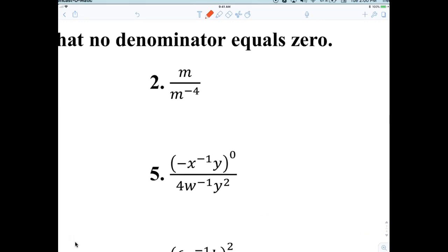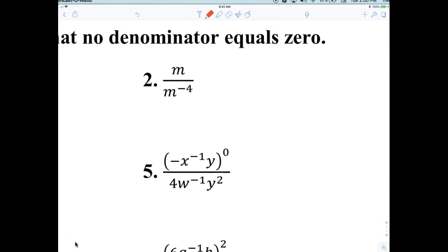I care about the exponents right now. So here's what I want you to see for number 2. M times m to the 4th, which is the same as m to the 5th. Because when you multiply variables, you add their exponents.